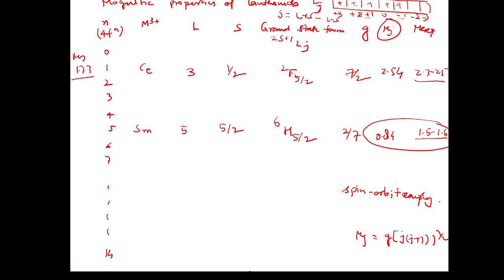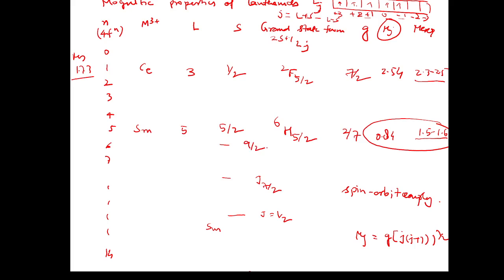To understand the large deviation, we have to see the further splitting of J. So for samarium, we have J equal to 1 by 2, J equal to 7 by 2, J equal to 9 by 2.